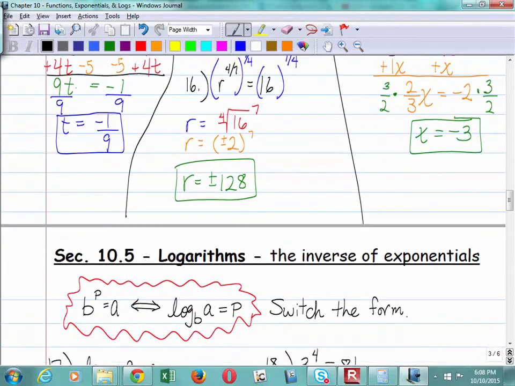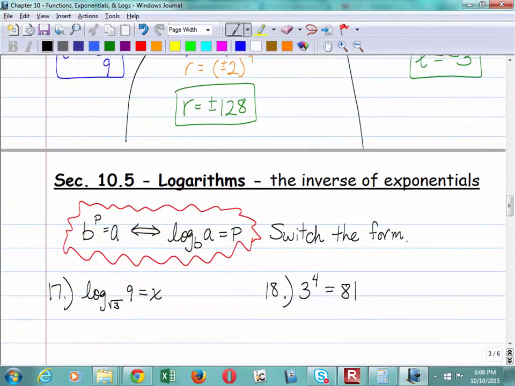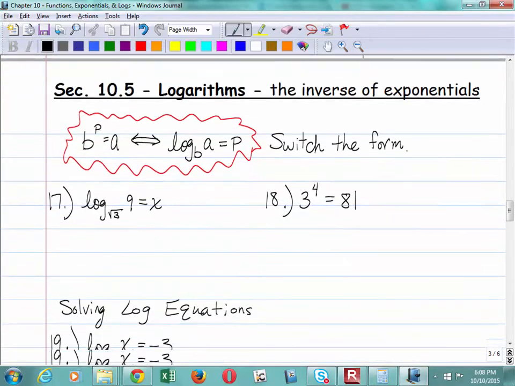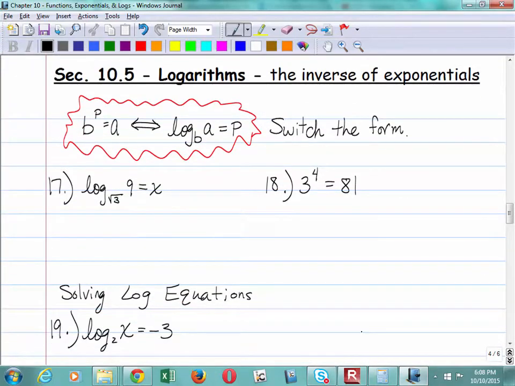Alright, and section 10.5 is about logarithms. So logarithms are the inverse to exponentials. Just like subtraction is the inverse to addition, division is the inverse to multiplication, and square rooting is the inverse to squaring. Okay, so exponentials also have an inverse function, which is logarithms.